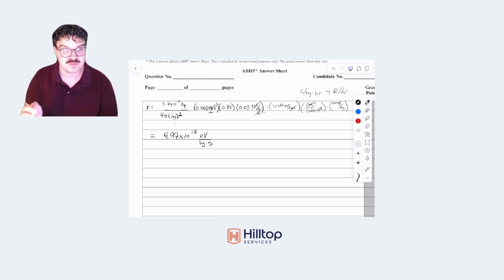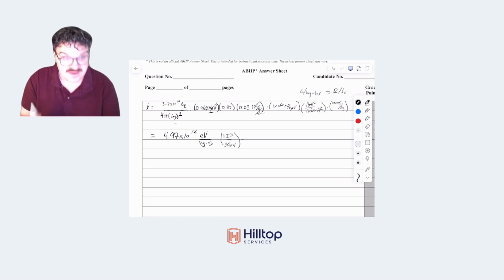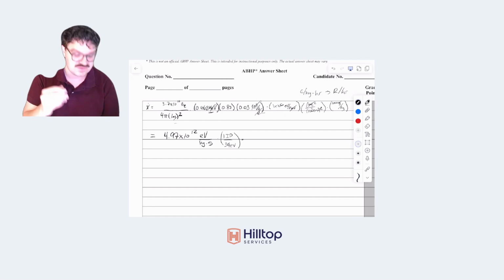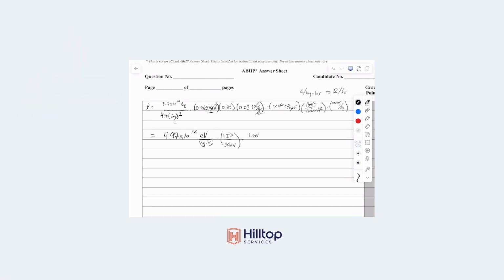We're going to need the specific ionization constant. So we know that 1 ion pair is equal to 34 eV. So that's nice. Now each ion pair we're able to multiply by our elementary charge constant, which is provided. It's 1.602 times 10 to the minus 19 coulombs per ion pair.